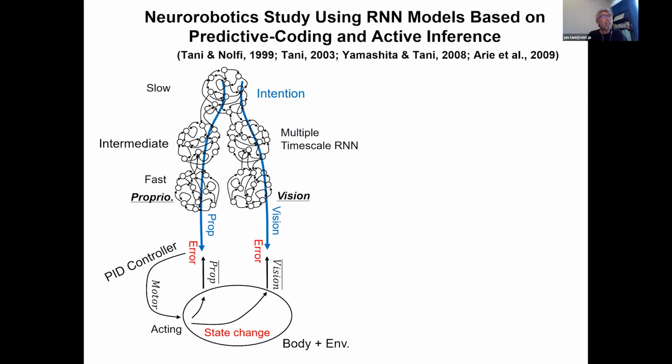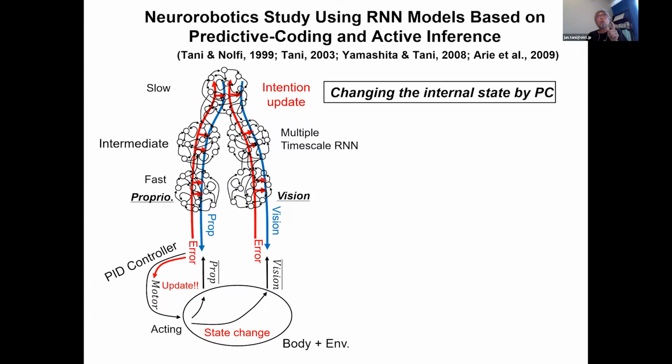The proprioception error is put into the PID controller, regulating motor updating. But further, the error for both proprioception and vision goes bottom-up through the hierarchy, and we try to minimize this error by updating the intention, which I call the prior later. So this is a kind of looping.